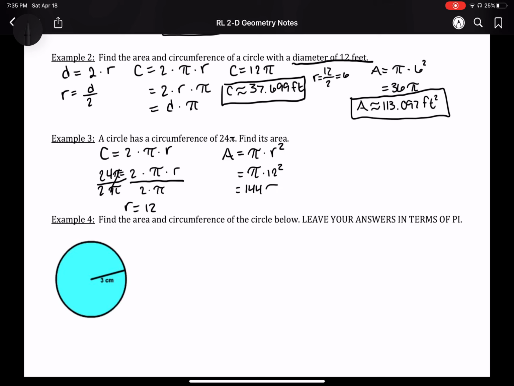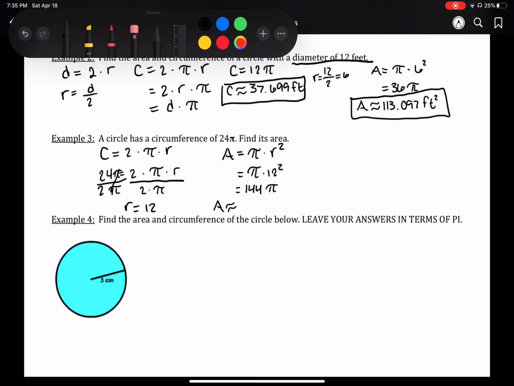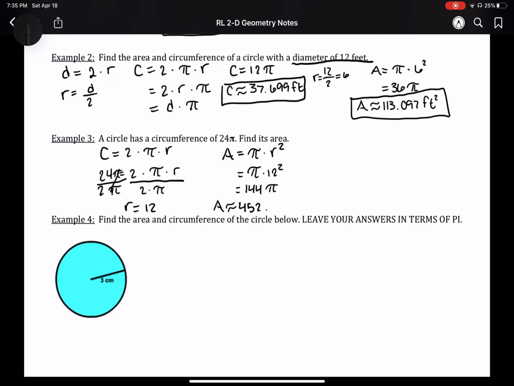So I have 144 pi, which means that my area is about equal to 452.39. And notice that when it gave me the circumference, it said 24 pi. It didn't give me any units. So if I were to label this, I would have to use the word units itself. I'm going to go ahead and just leave that off today. So I have area is equal to 452.39. Well, about.